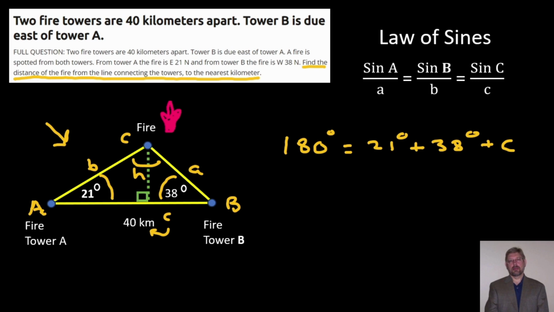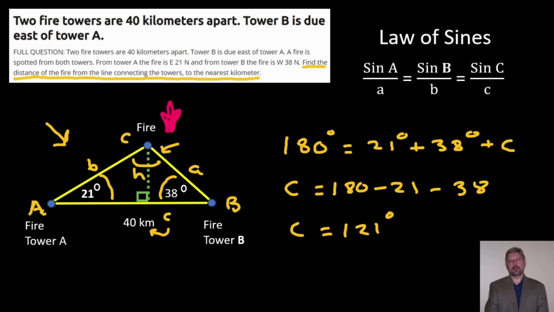Because we could say that C is equal to 180 minus 21 minus 38, or that C is equal to 121 degrees. So we know right here we have 121 degrees.